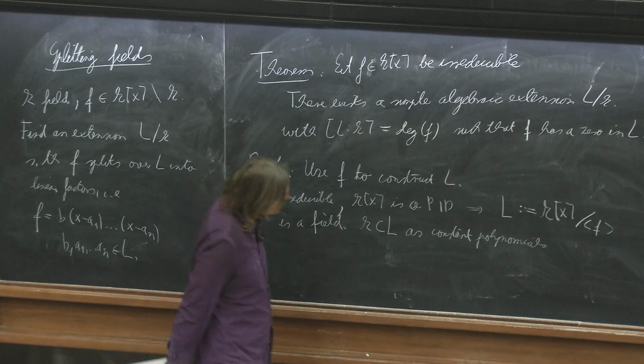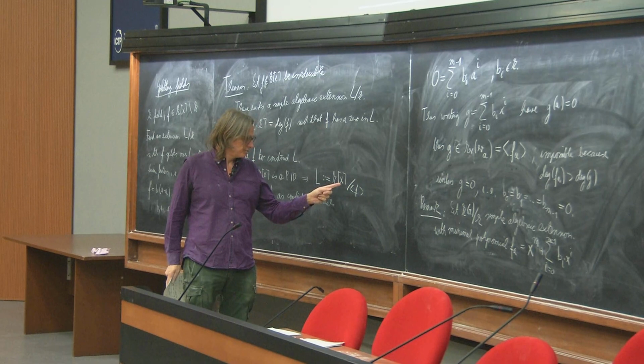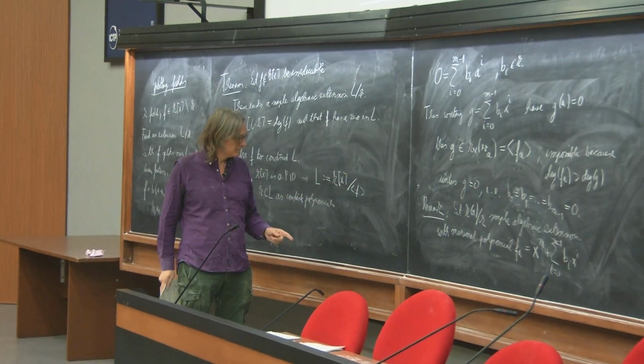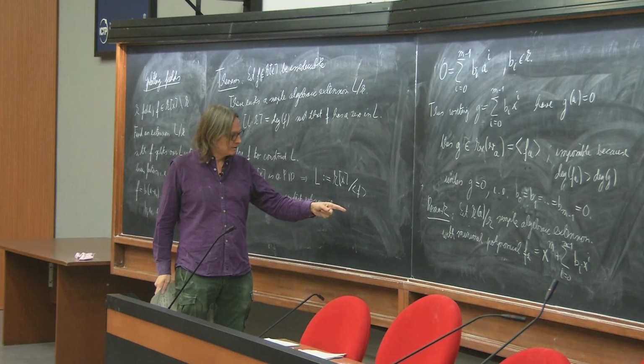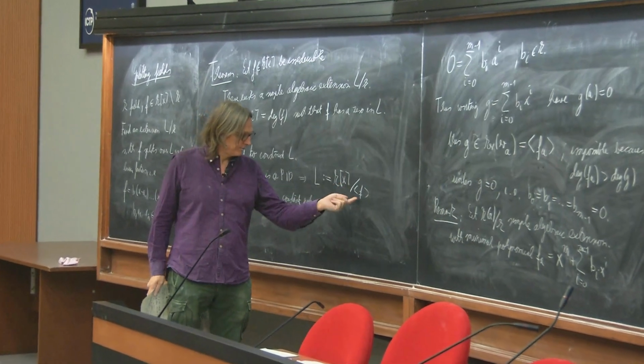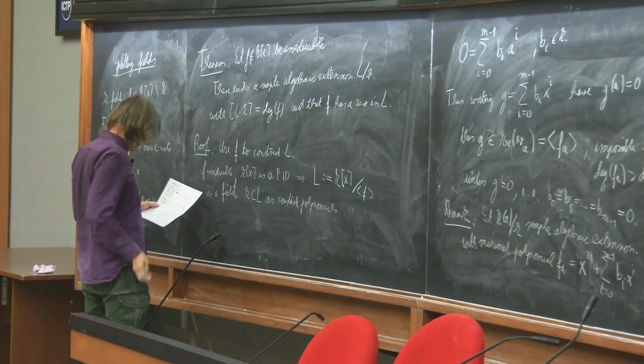If we take the class of X in this quotient, and we put this class of X into F, we get the class of F, which is 0. And so let me write this down.